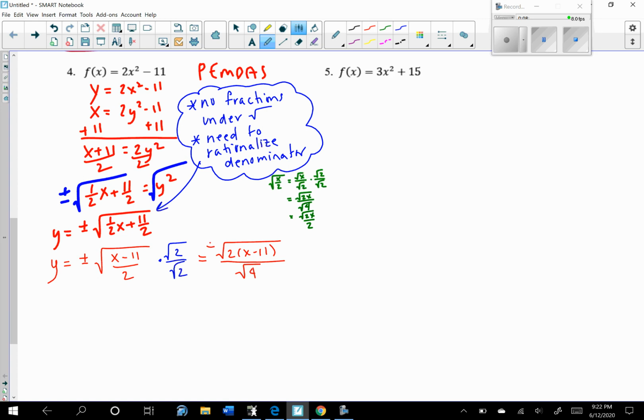And don't forget that plus or minus in front. So now we have y is equal to plus or minus the square root of, distribute, 2x minus 22 over 2. And that rationalized our denominator. And then we can use our inverse notation. So f inverse of x is equal to plus or minus the square root of 2x minus 22 over 2.